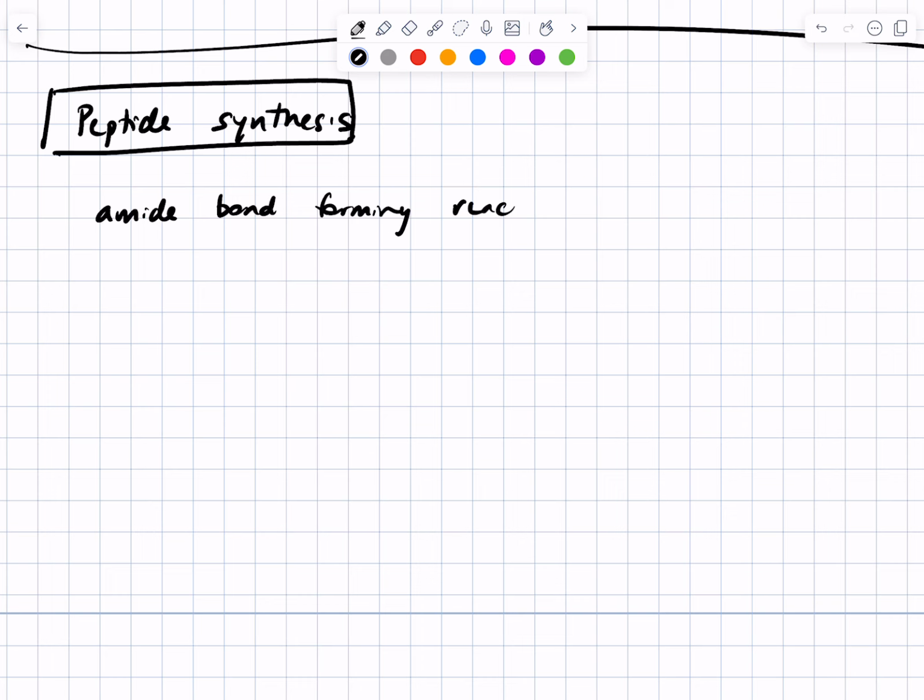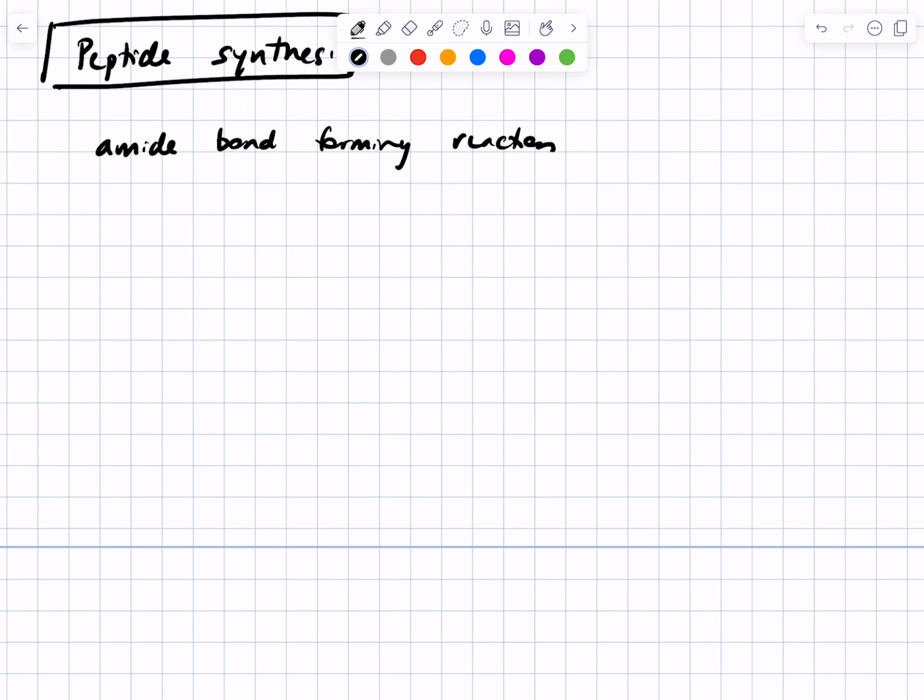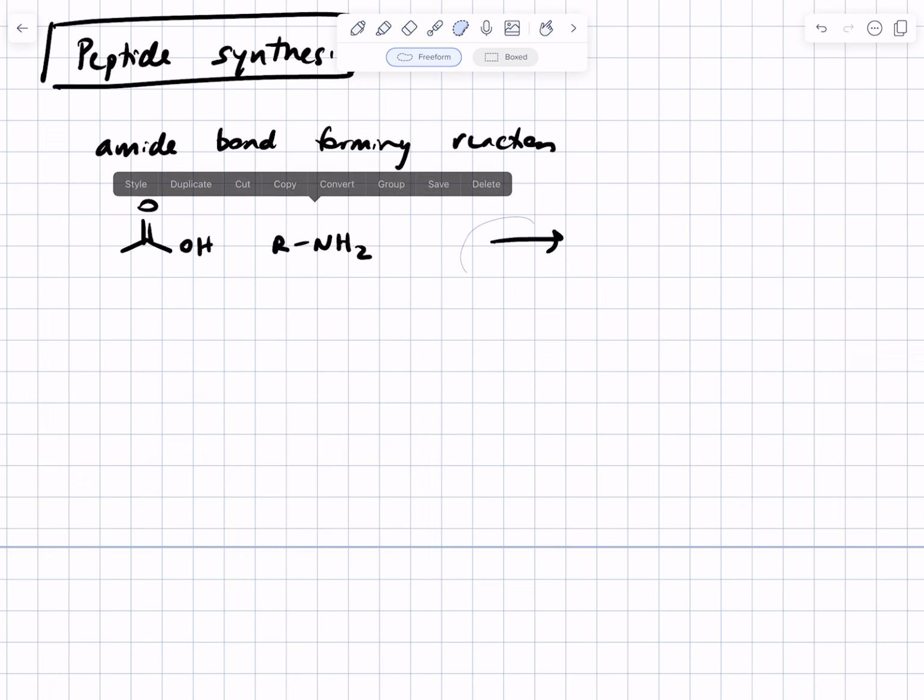You've seen this before. This will be review from chapter whatever it was, I think 16 at this point, in which we took a carboxylic acid and we took some amine, and we realized that we needed to do something other than just have the amine find the carboxylic acid.